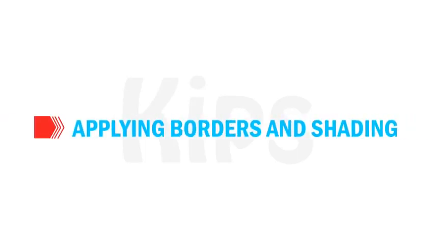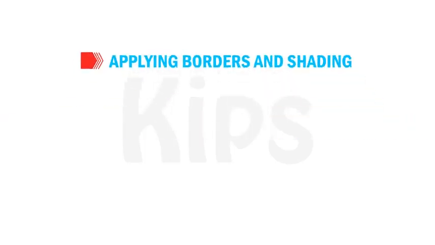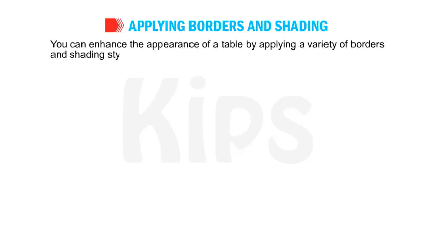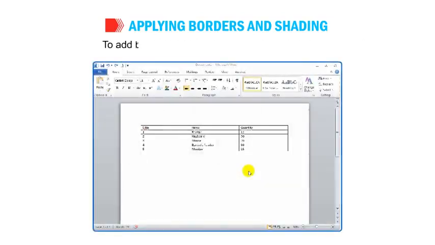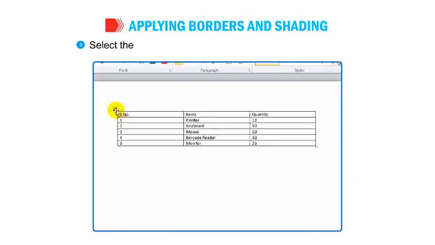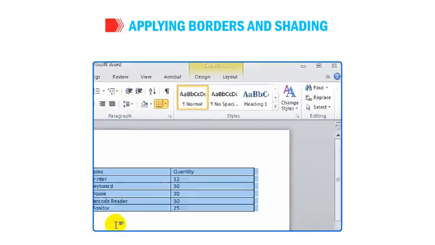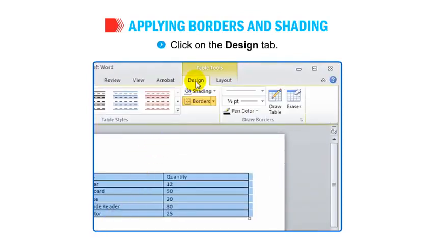Alright, let us now find out how to apply borders and shading. You can enhance the appearance of a table by applying a variety of borders and shading styles. To add borders and shading, follow the given steps. Select the entire table by clicking on the Table Move handle. Click on the Design tab.